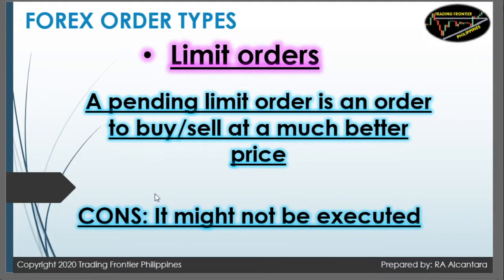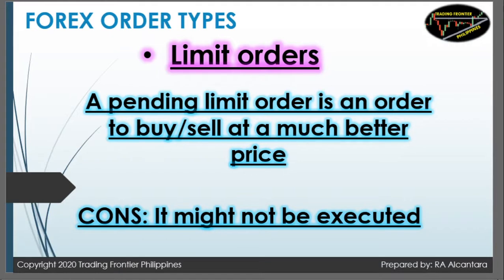These are the types of orders that I normally use, and basically I'm using only limit orders. So what are limit orders? A pending limit order is an order to buy or sell at a much better price. What do I mean by a much better price in this case?